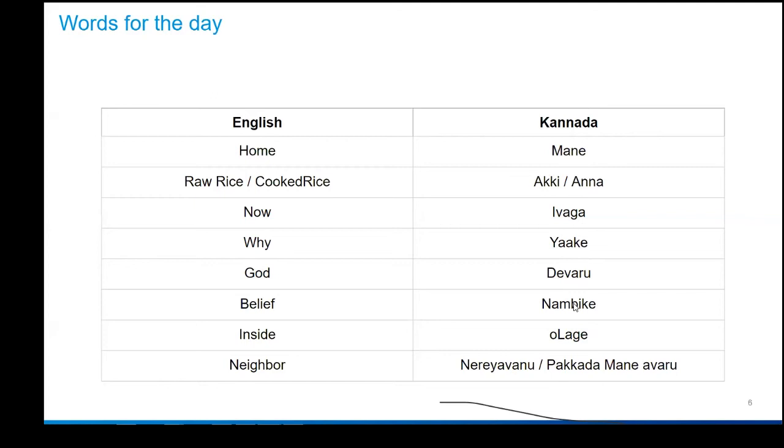So you're saying Revant is my neighbor, or Revant is from the house adjacent to mine. Or you could go to Revant and say Nanu Nimma Pakkada Maneyavanu. I am from the house adjacent to yours. Although that would be a bit awkward, so you would have to use another word. Ellavaru Pakkade Mane Avaru. With a Malayalam accent. Okay, that accent we have to work on.